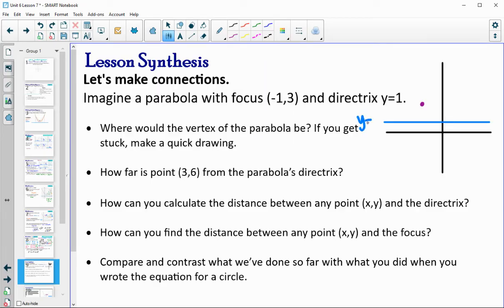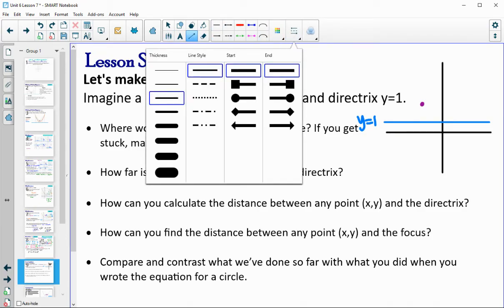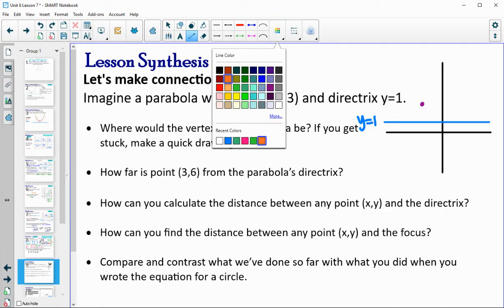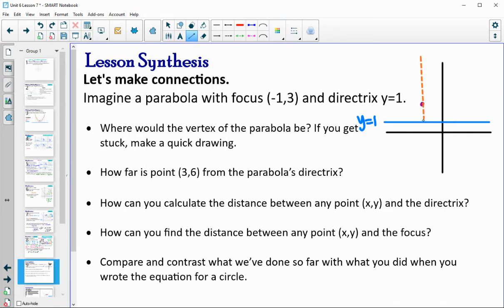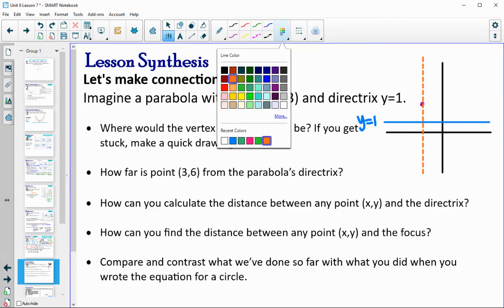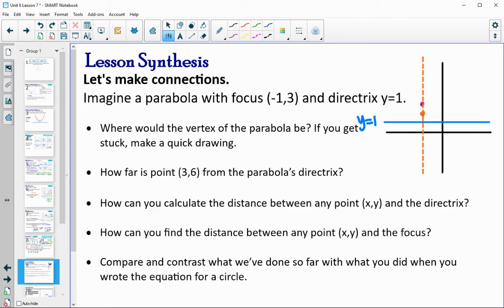So remember that the vertex is directly between the focus and the directrix. Okay, and it's on the same x value. It's got this same x value, so it's right in between these on this kind of vertical line. So your vertex in this case would be right here.